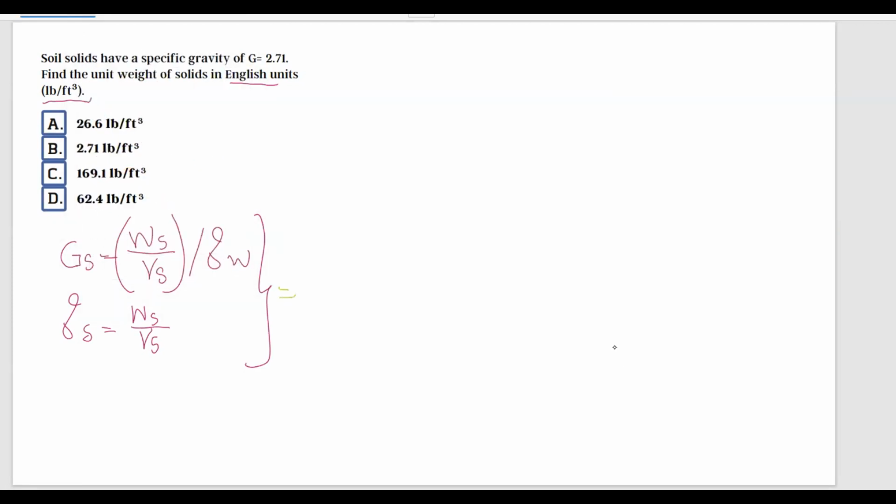we're going to have that specific gravity is equal to unit weight of solids divided by unit weight of water. And from this equation, we calculate the unit weight of solids equals to specific gravity multiplied by gamma water. And we've got 2.71.